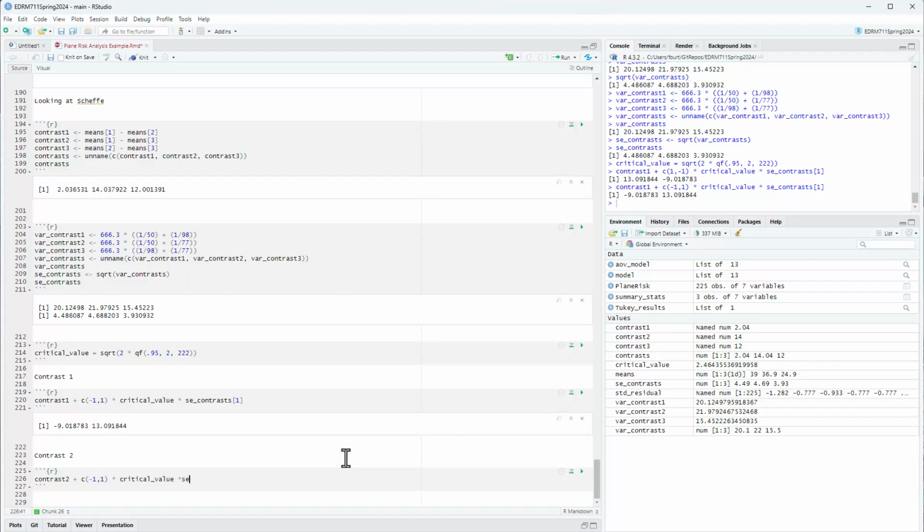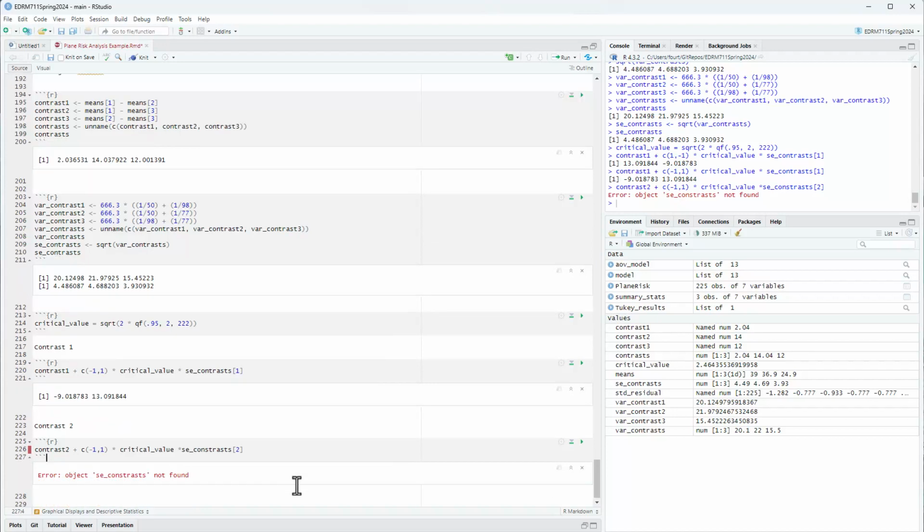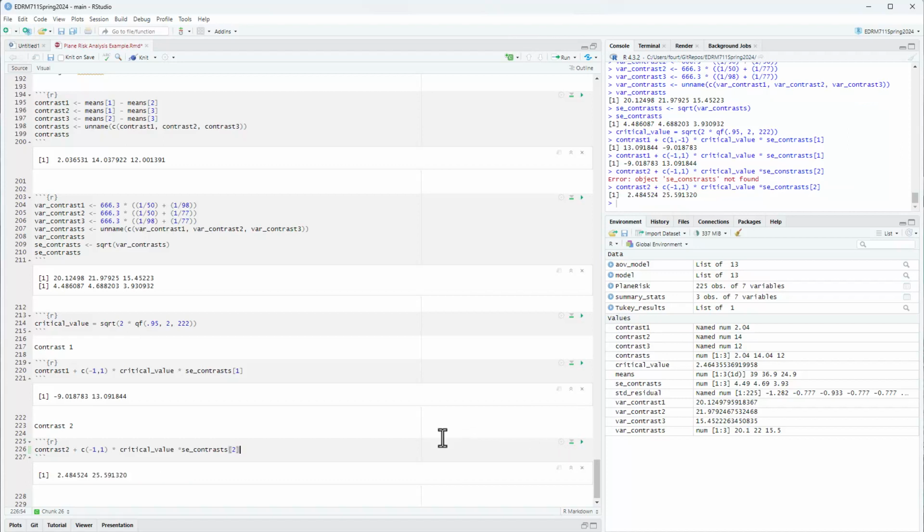And the only thing that's different is I'm going to use the second contrast standard error. And I did something wrong. I misspelled contrast. There it is. 2.5 to 25.5.